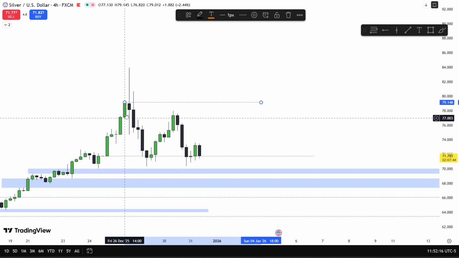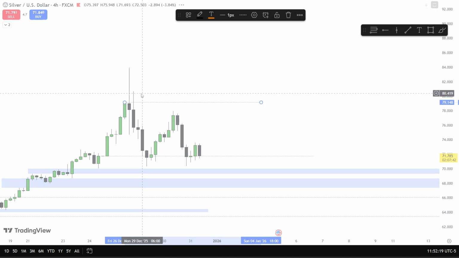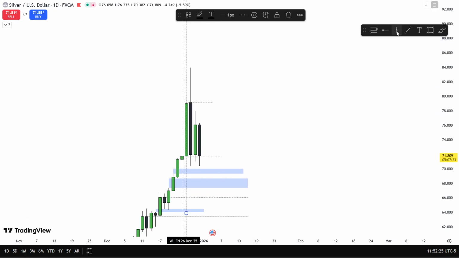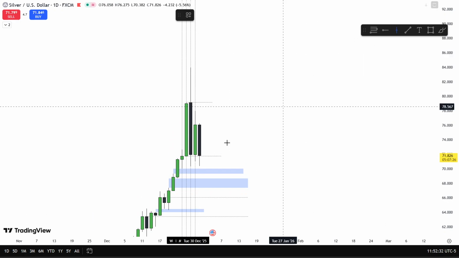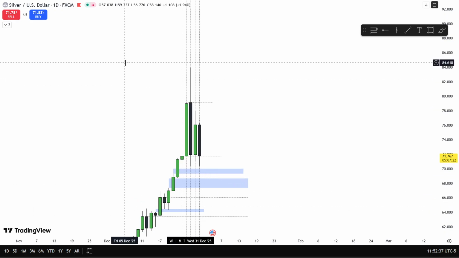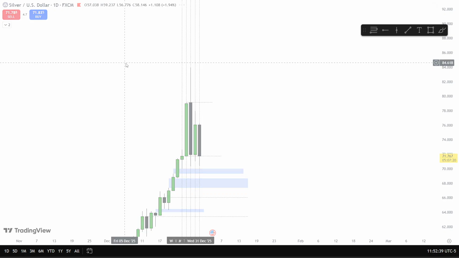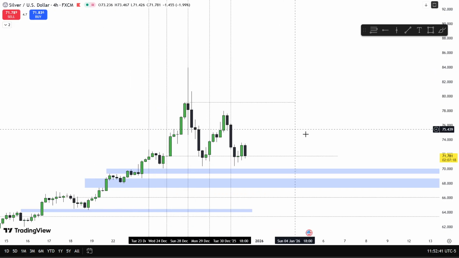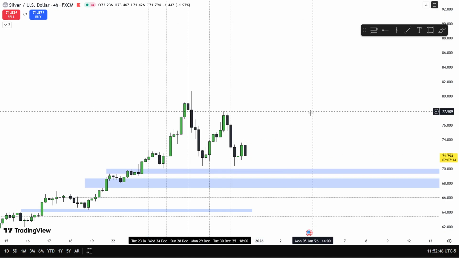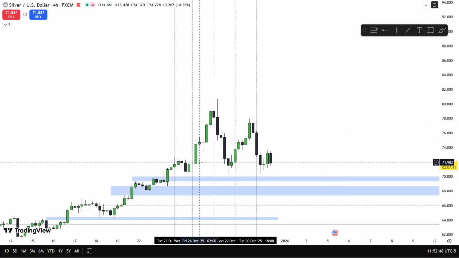So this is the day. Let's actually go to the daily time frame first. I want to draw vertical lines. So these vertical lines denote different days. Is this Friday?